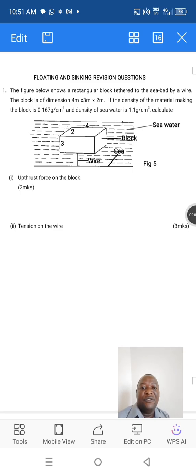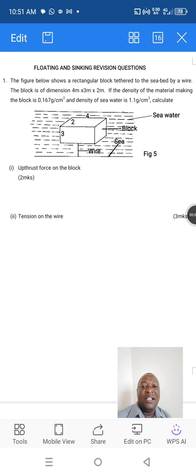We have also been given the density of the seawater as 1.1 grams per cubic centimeter. We express this density in its SI unit, which gives us 1,100 kilograms per cubic meter. That means we multiply the given quantity by 1,000.